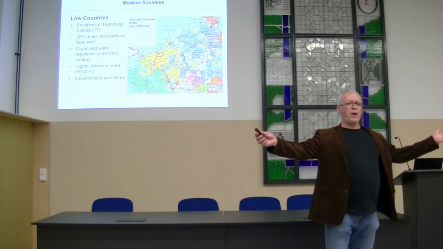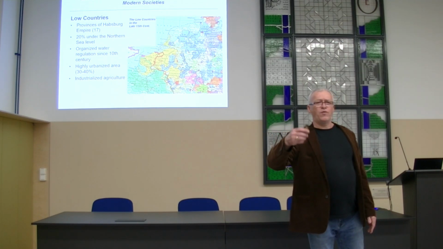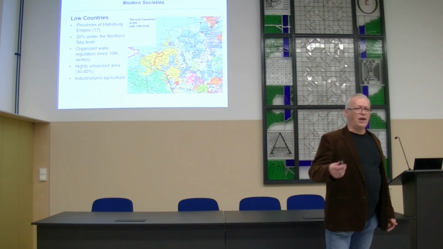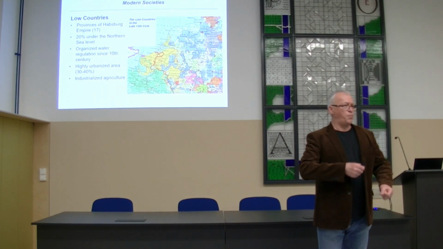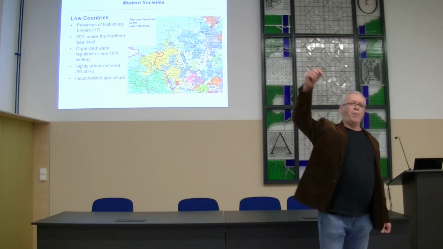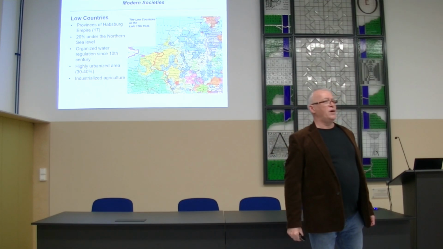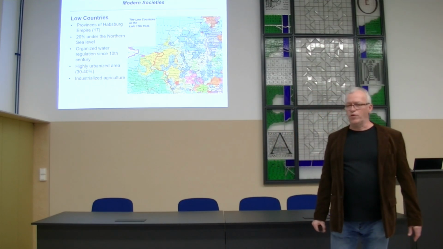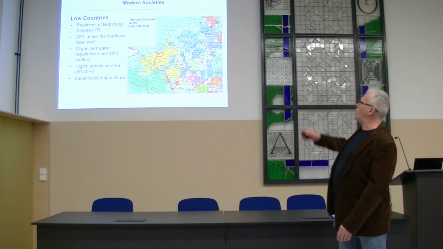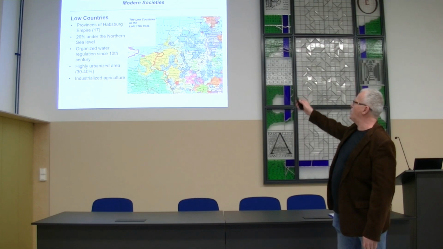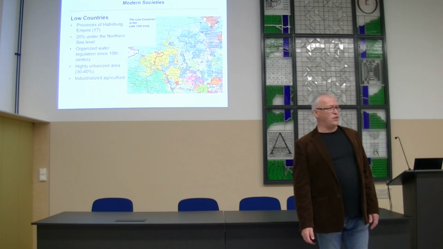In the typical landscape picture there are great windmills, not for grinding cereals. Their function is as water pumps, day by day pushing the water back to the sea. 20% of the country is under the North Sea level. Organized water regulation has existed since the 10th century.